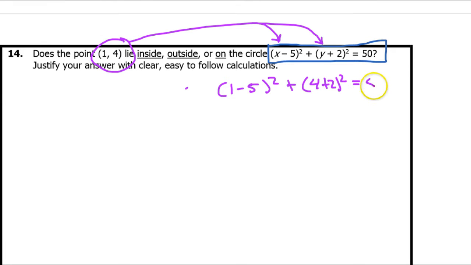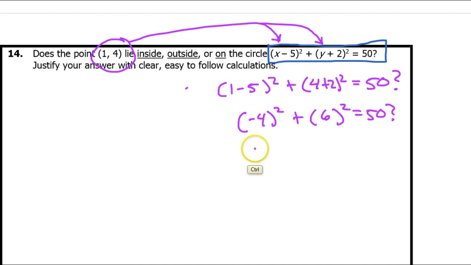Or maybe I'll put the equal sign, but I'll put a question mark. Does this equal 50? I'm asking. So then I'm going to get 1 minus 5, so that's negative 4. So I have negative 4 squared and then 6 squared. Does that equal 50? Question mark. And then this is going to be positive 16.